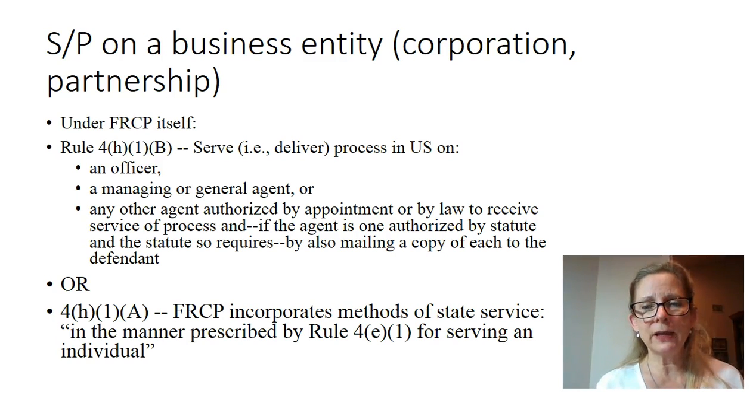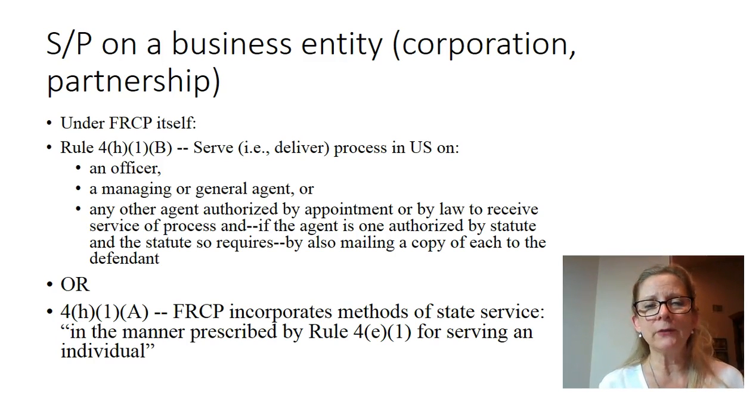So under the federal rules themselves, under 4(h)(1)(B), the way you serve process on an entity is to serve. The rule uses the word deliver, and remember we talked about that, where deliver means serve, means personally handing. It does not mean mailing.